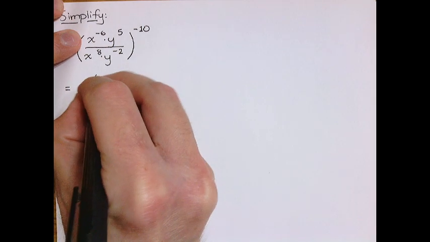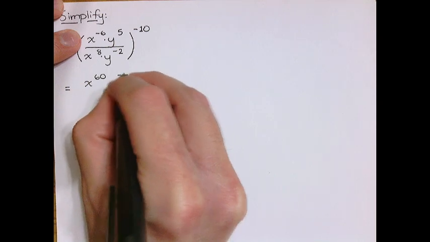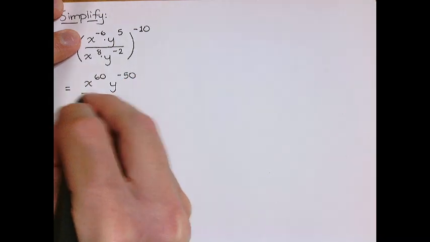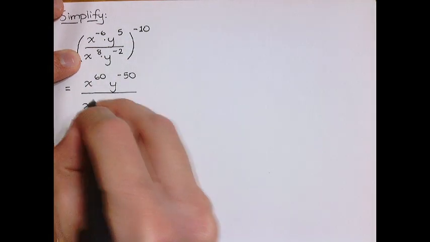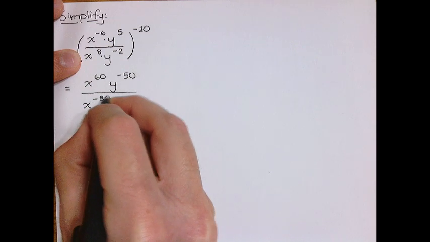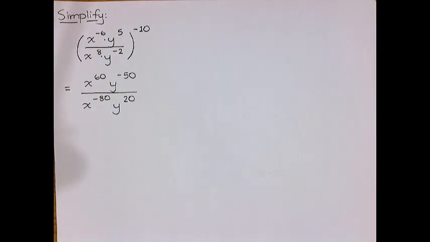It's going to give you x to the positive 60th. You're going to have y to the negative 50th. And this is all divided by, get down here into the denominator, x to the negative 80th, and y to the positive 20th power.